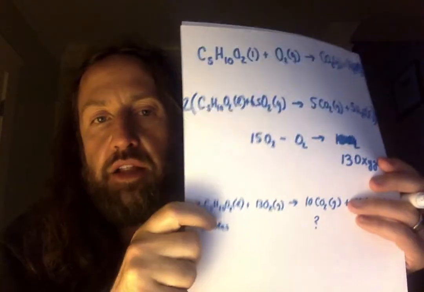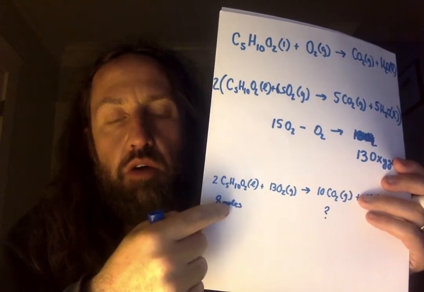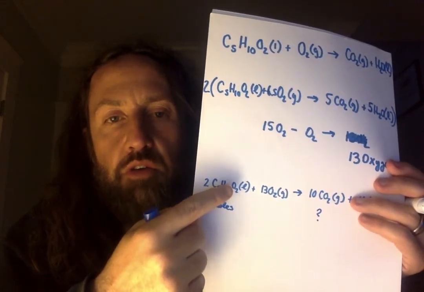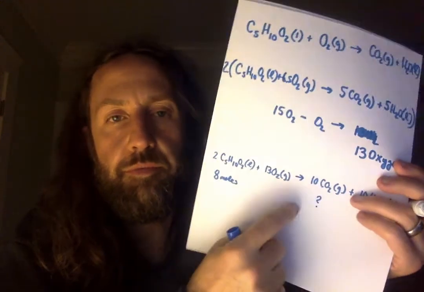So all I have to do is once I balance the equation, I have to set up the ratio of how much of this relates to this. So I'm going to start out my problem, and we've done this a little bit before already. 8 moles C5H10O2.